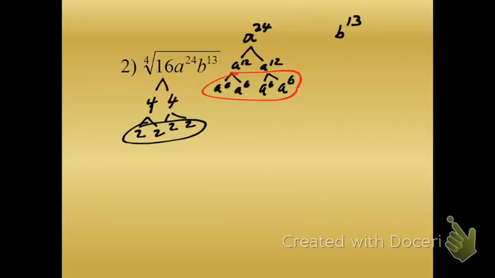Whenever that's the case, my first factor tree is always to make it even. So b to the 12th and then b. Because remember, you have to add the exponents up here to go back to here. So I always add those together.